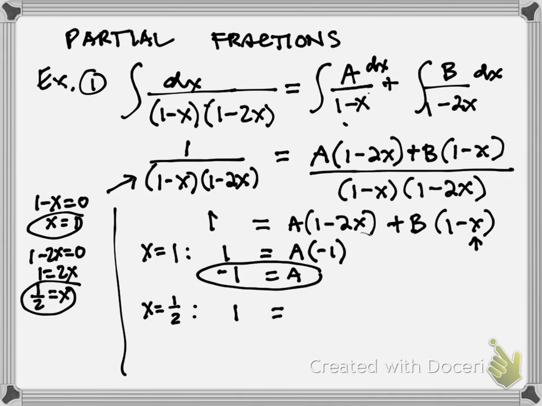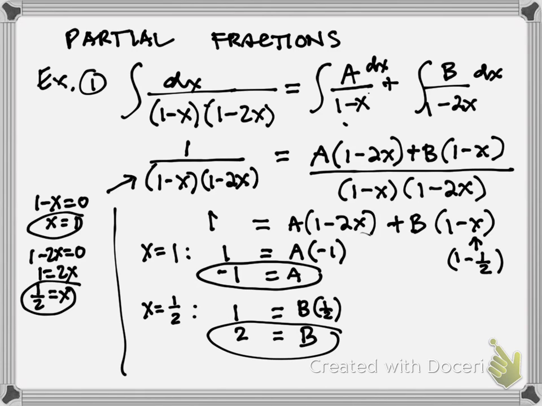When I plug it in, this becomes 1 minus 1/2, which is 1/2, right? So this will become b times 1/2. Now to solve for b, I multiply both sides by 2, so that gives me 2 equals b. So now I have my values for a and b.